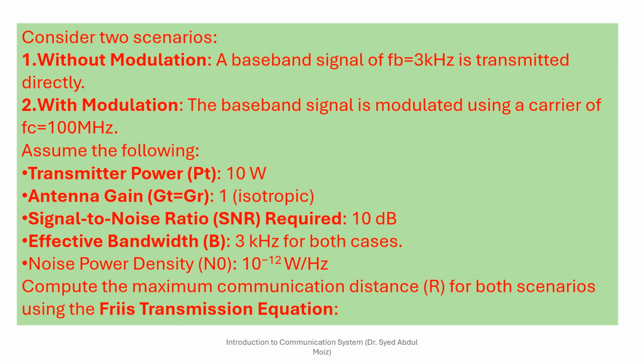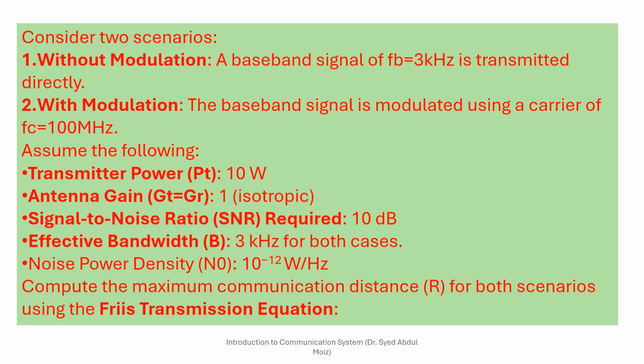As discussed earlier, consider two scenarios. Without modulation, a baseband signal of frequency 3 kHz is transmitted directly. With modulation, the baseband signal is modulated using a carrier frequency of 100 MHz.